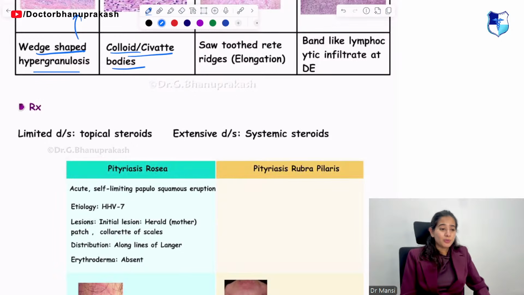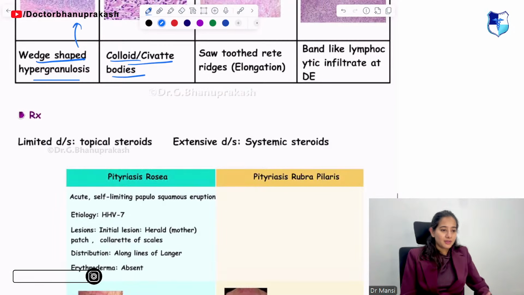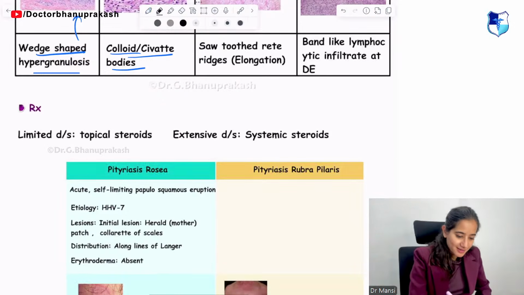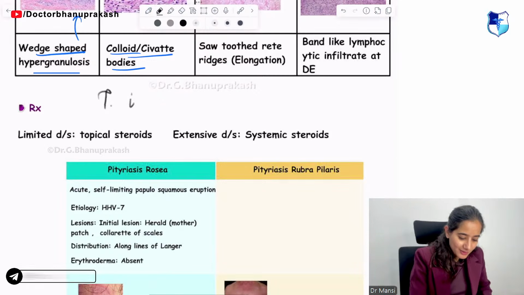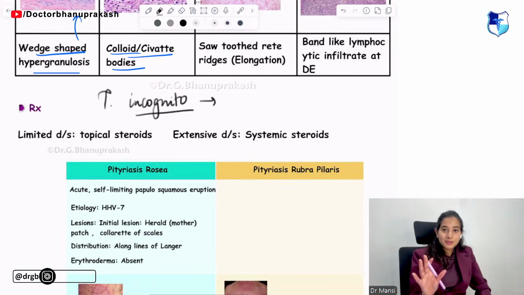Even there is no improvement initially as well. From where is dermatophytosis coming? I have been asking about the tinea incognito variant. So I told you, don't forget that incognito is because you cannot recognize this is a tinea infection, because it has changed its appearance.